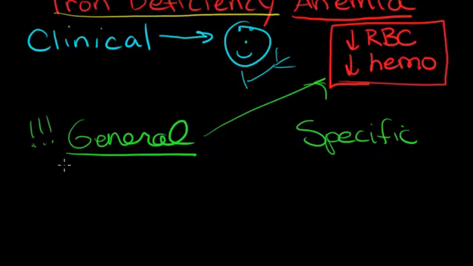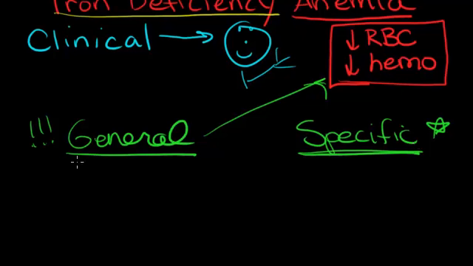But you're not going to be too sure of what it is, because general is common to several different disorders. Your specific, that's the one that's going to be diagnostic, and if you are taking a test on this, this is also a target for testing. So it's good to divide them this way.